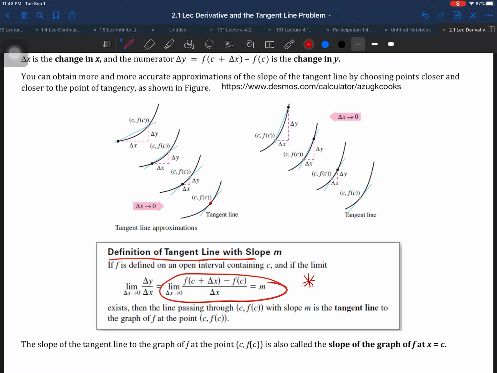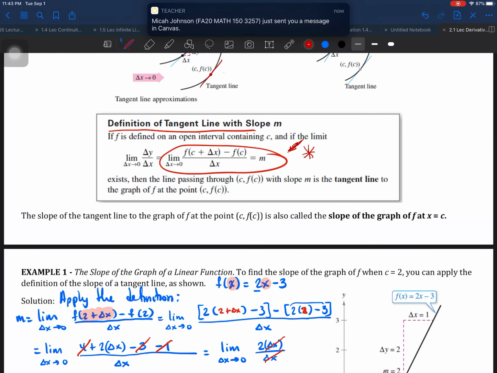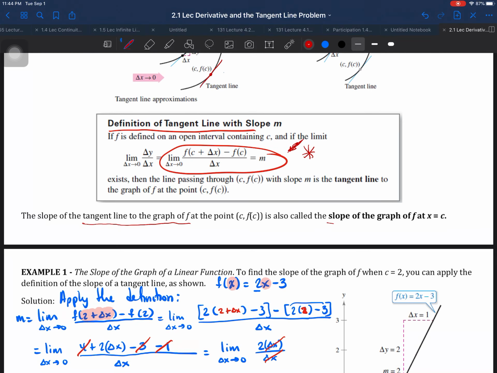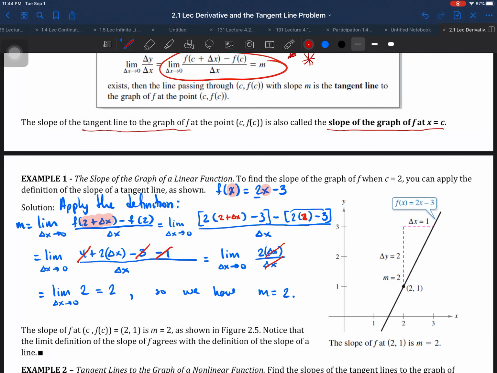Well, we know how to find the slope of the tangent line by using this famous formula. So we're going to use this formula to be able to answer that question. So you can use the slope of the tangent line to find the slope of the graph at that moment. That's the amazing thing, right? They're both the same value.